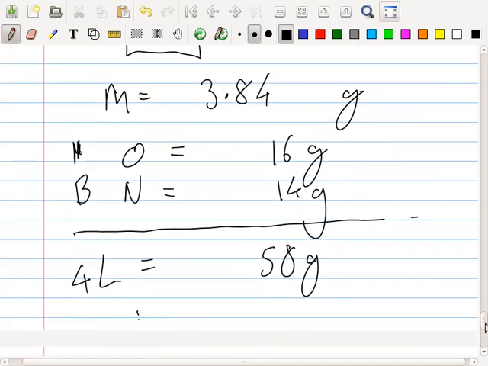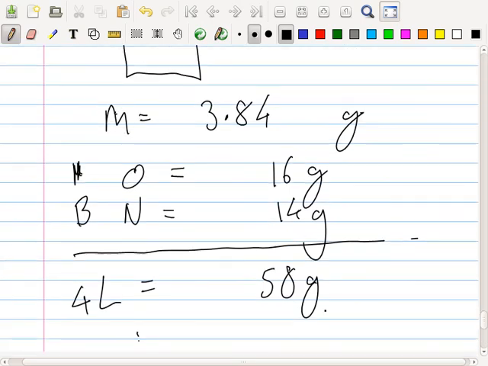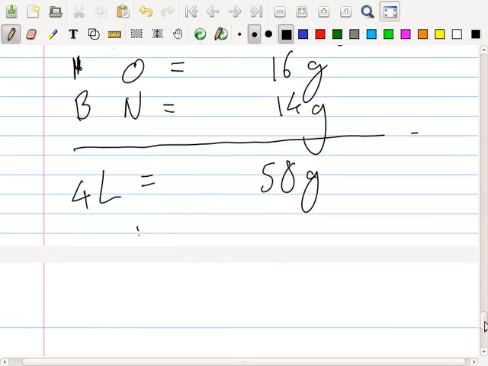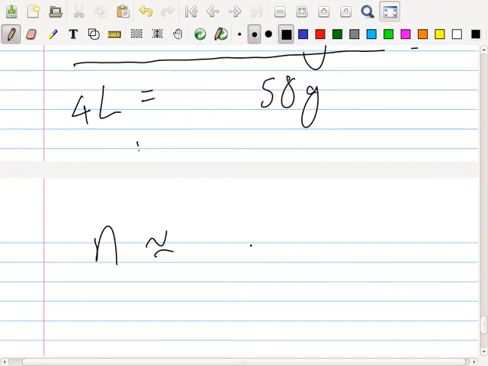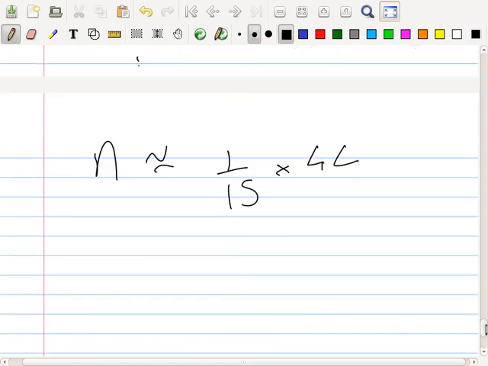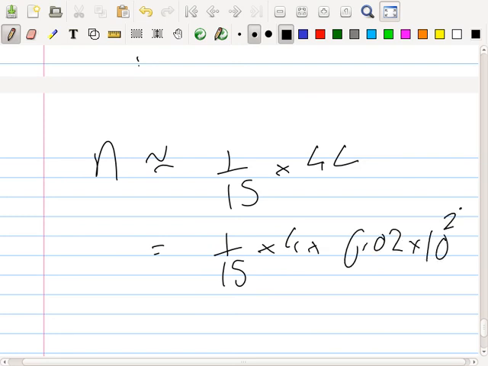Okay. So I have about 1/15 of this. So my n should be roughly 1/15 times 4L. So that will equal 1/15 times 4 times 6.02 times 10 to the 23.